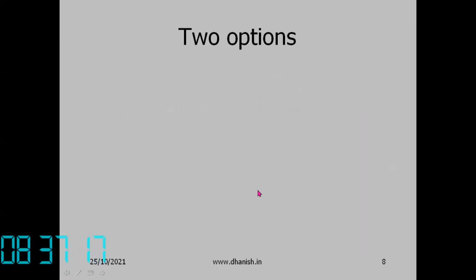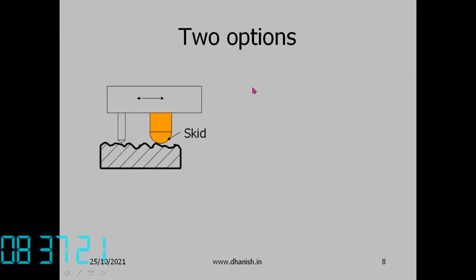Nowadays we have two options for the reference profile. In the olden days, till about 2000 or so, we were using this type of instrument. This is the stylus. The stylus movement is measured with respect to a skid. The skid has a much larger radius, at least 10 times bigger than this, and is made to just float over the surface.